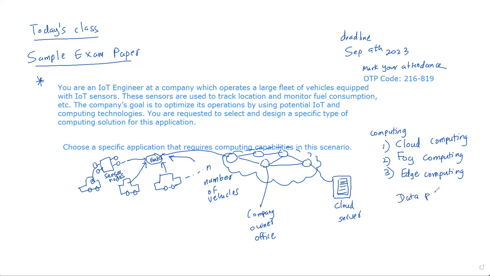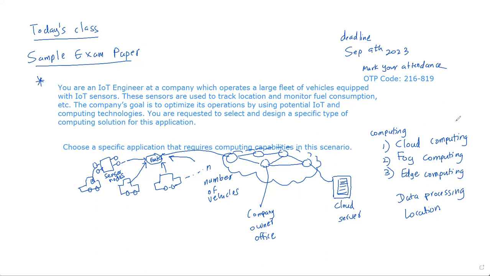So the data processing location is the factor that makes these computing approaches different. So the location where the data processing is done is different in these three computing methods.